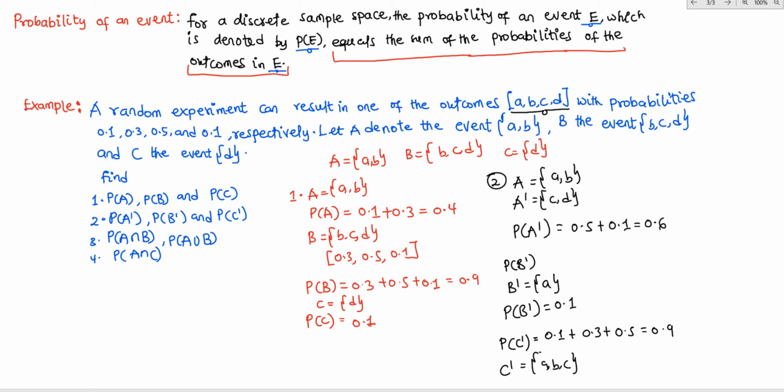Now let's find the probability for question 3.